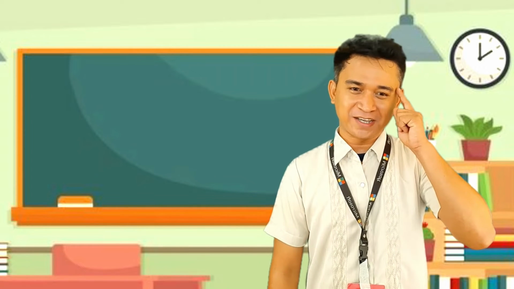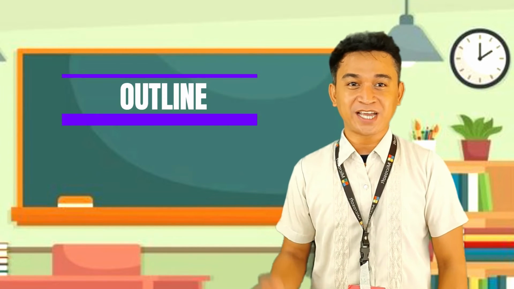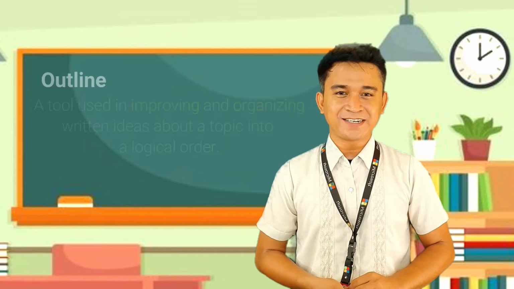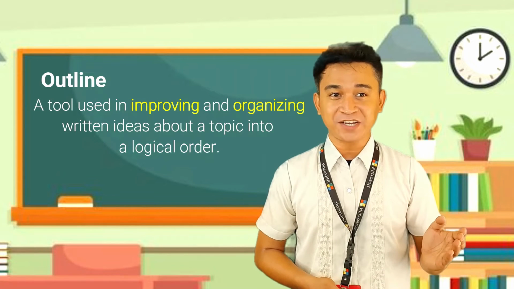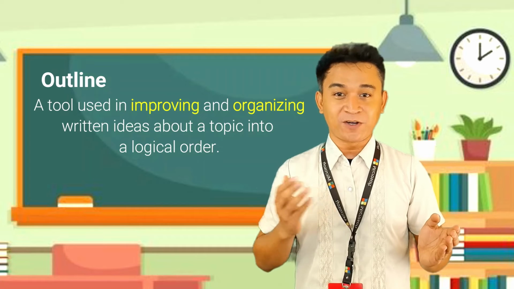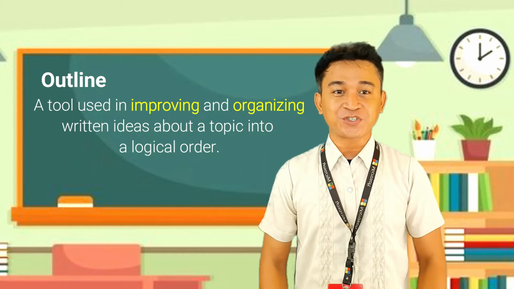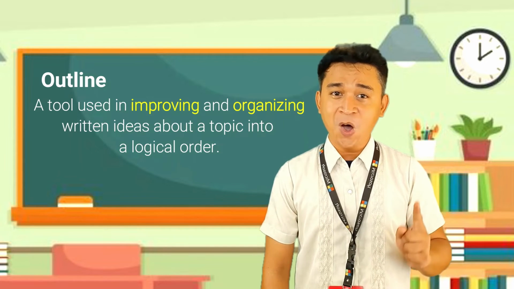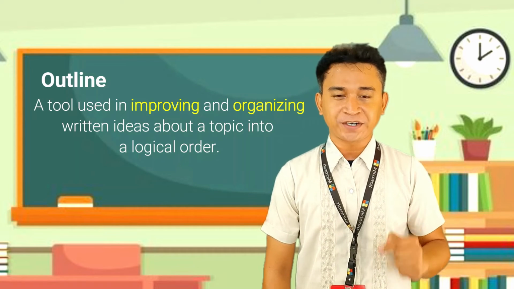What is your idea when you hear or read the word outline? An outline is a tool used in improving and organizing written ideas about a topic into a logical order. Writers use outlines when writing their papers to know which topic to cover and in what order.